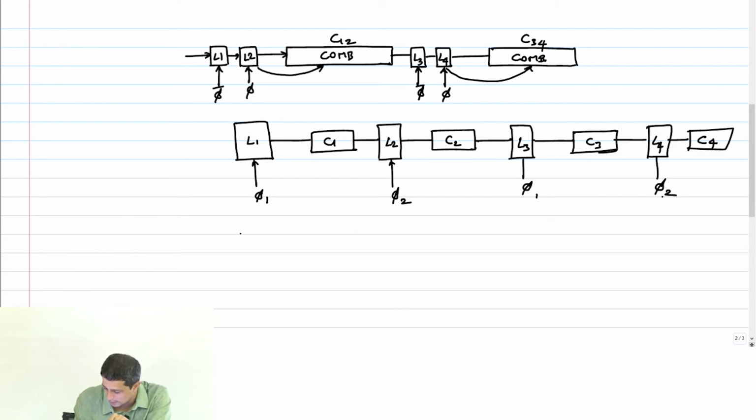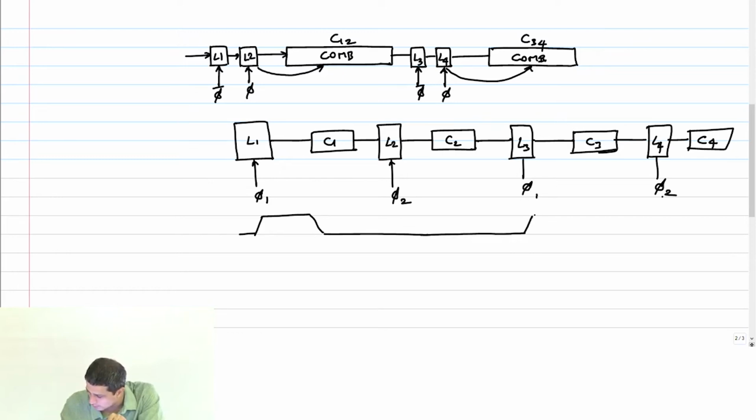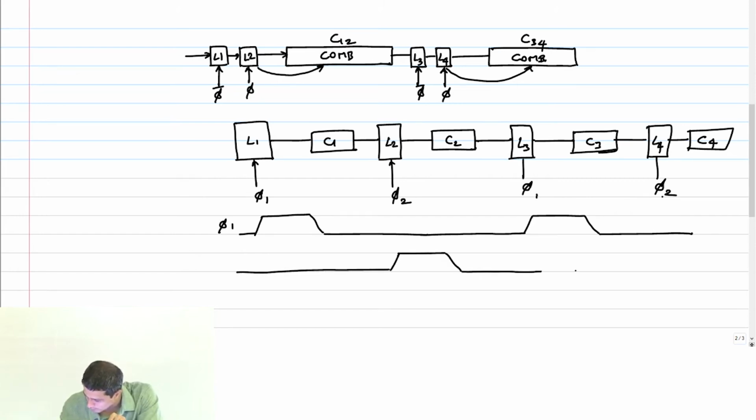How does the timing look? You just get something like this. Phi 1, phi 2. What is the clock period?